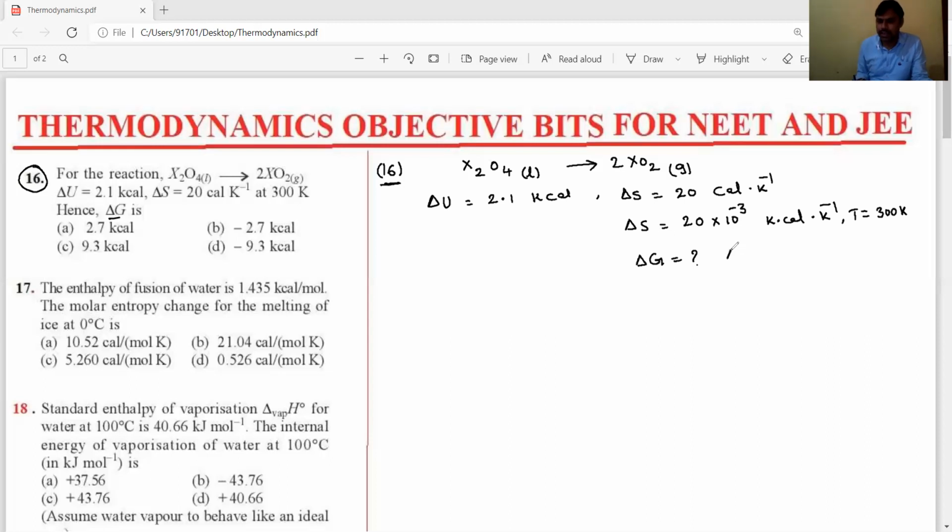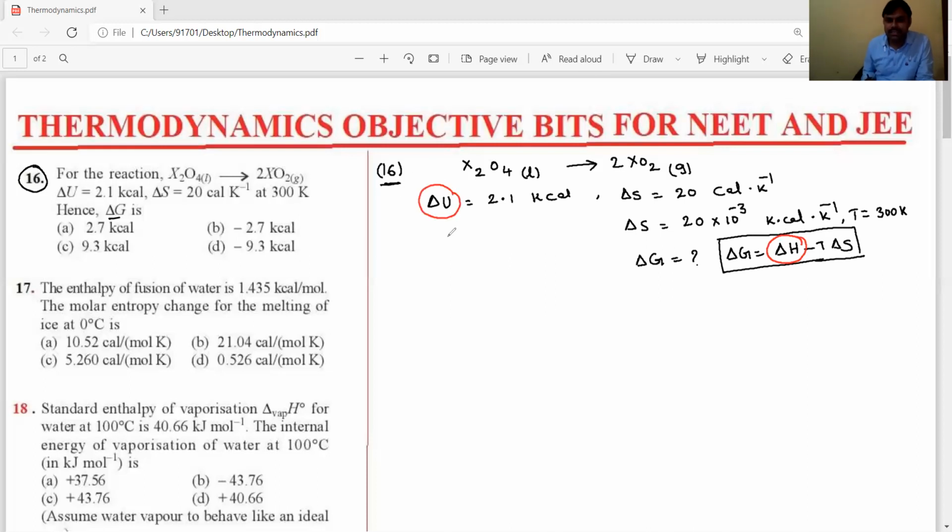We know very well, dear students, the delta G is equals to delta H minus T delta S. This is the formula to find out the delta G. Okay, but in the given question, the delta H value is not given directly. So we have to find out the delta H value by using internal energy.